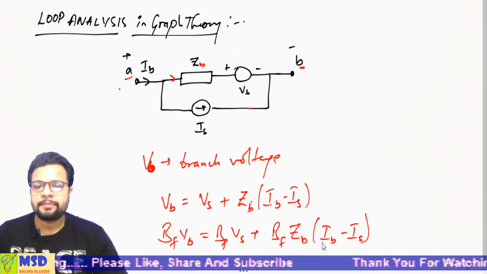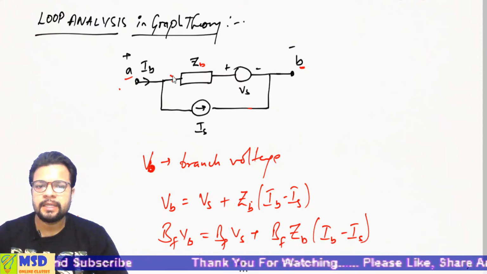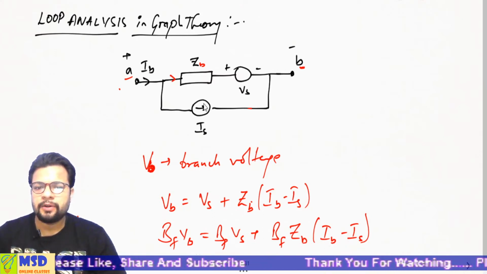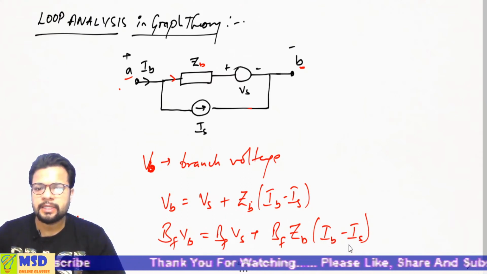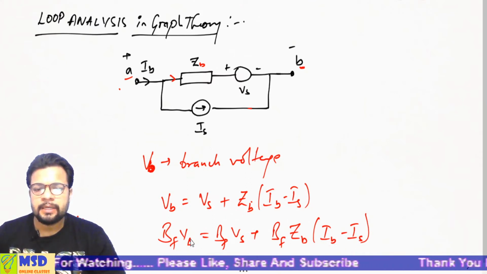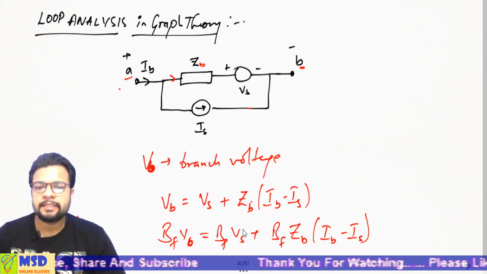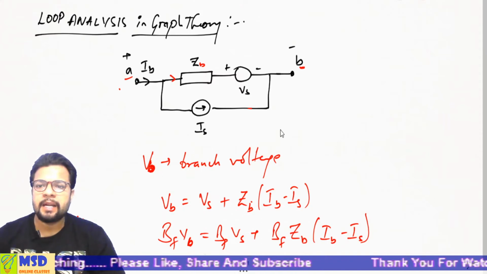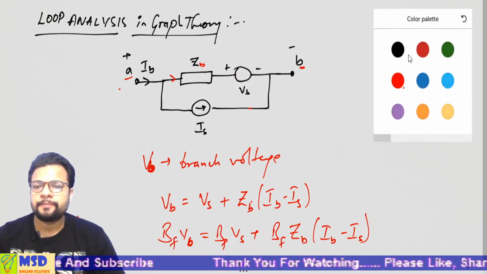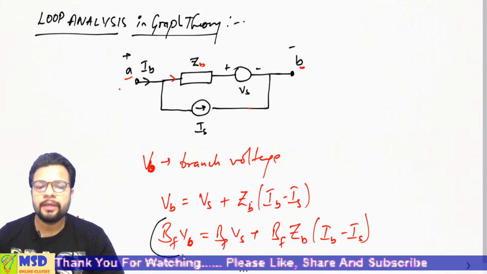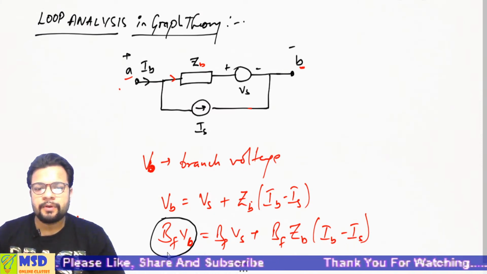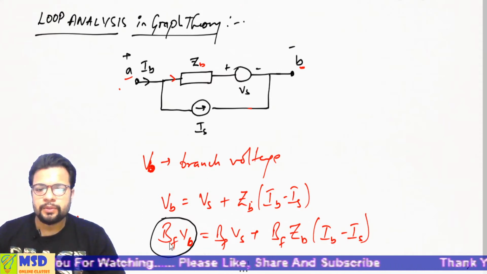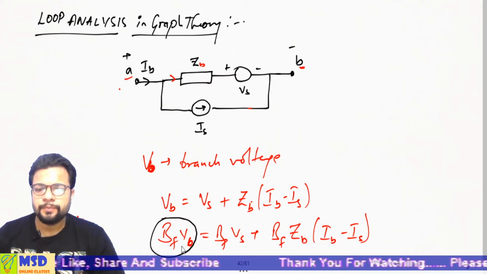Here IB is the branch current, ZB is the impedance of the branch, Is is the value of the current source connected across that branch, and similarly VB is the branch voltage and Vs is the source voltage. I hope it is clear. And we already know that BF into VB, earlier we have drawn that BF into VB is equals to 0. So I can put this value equals to 0.